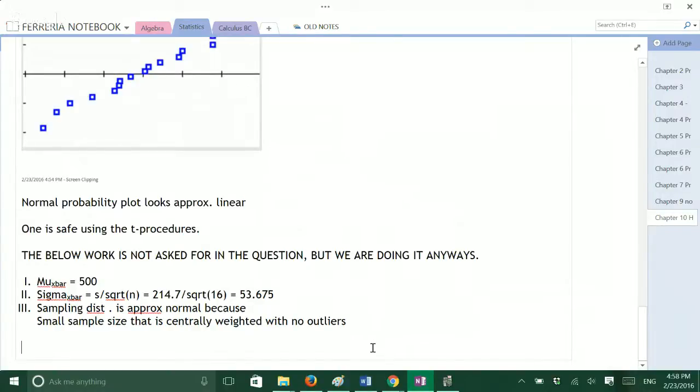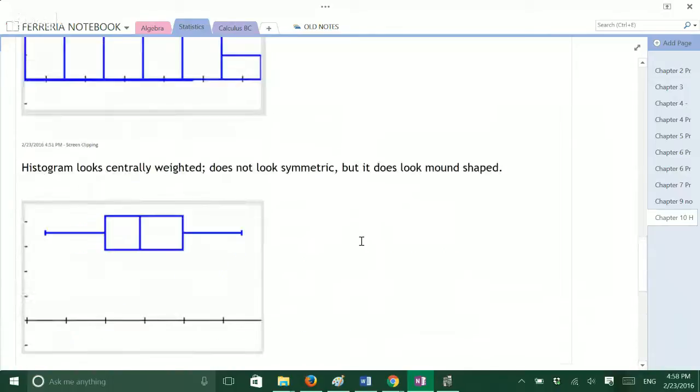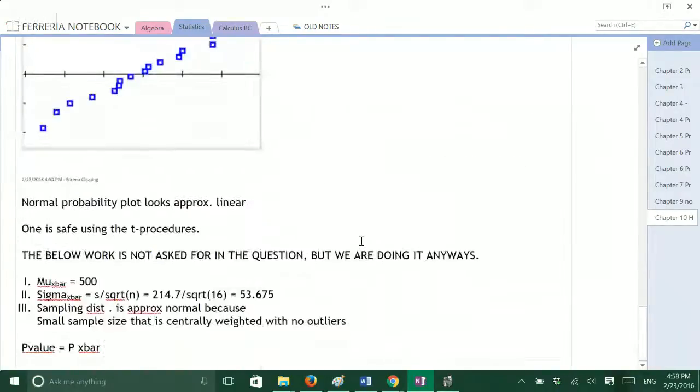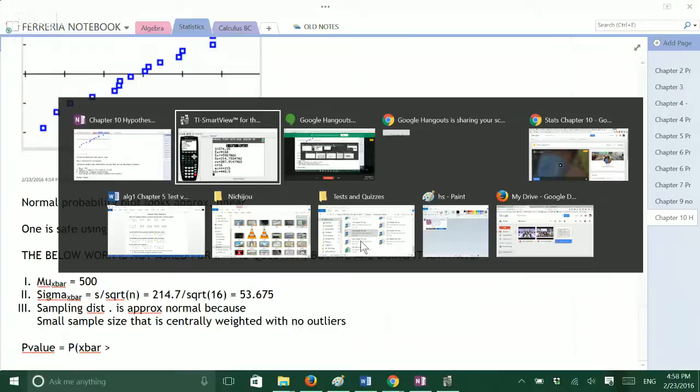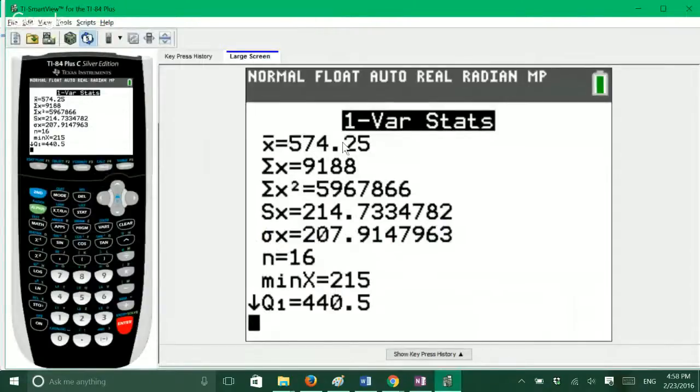Okay, so now we got to do our work. Our p-value is going to be equal to the probability that we have an x bar. What was our alternative? Greater? Yeah. Greater than 500. The probability that x bar is at least as extreme as 574.3.